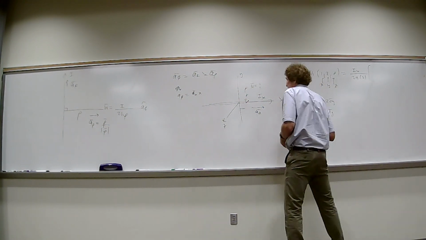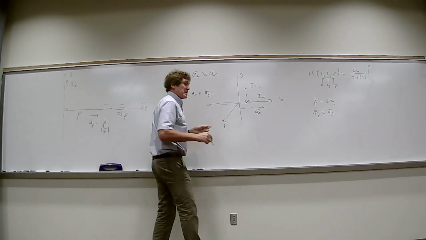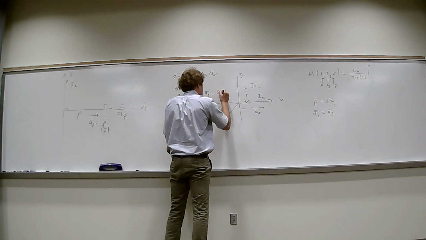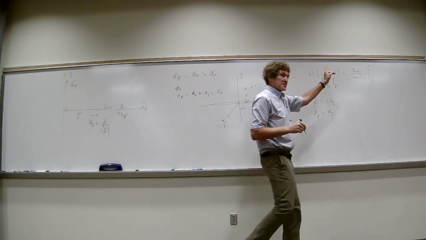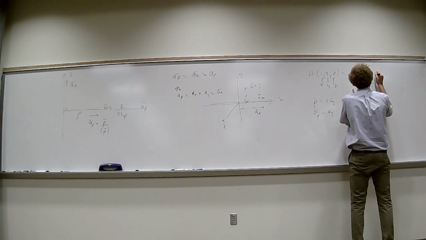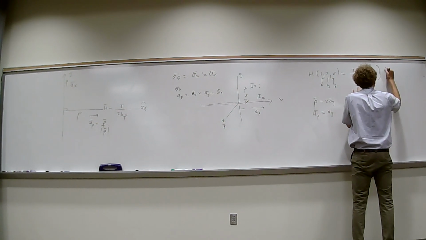So what happens? I have ax crossed ay, which is az, right? That means for this example, this is simply going to be equal to az. And it would be amps per meter.